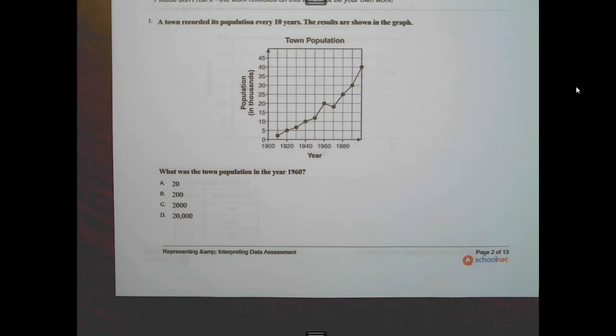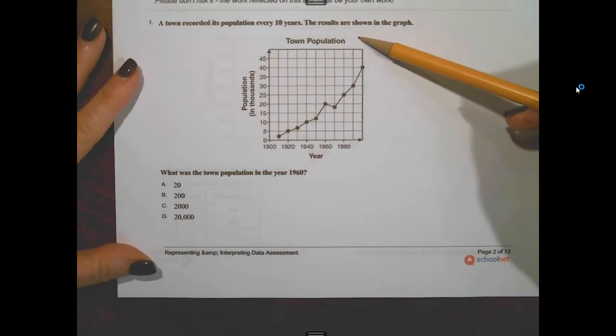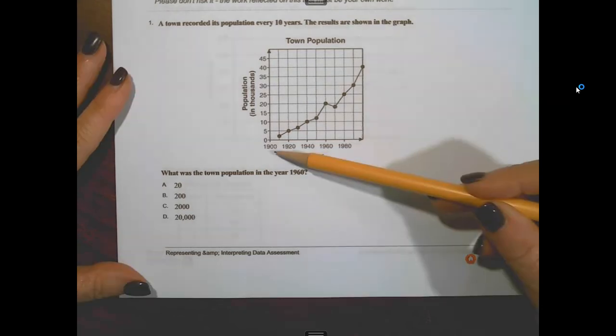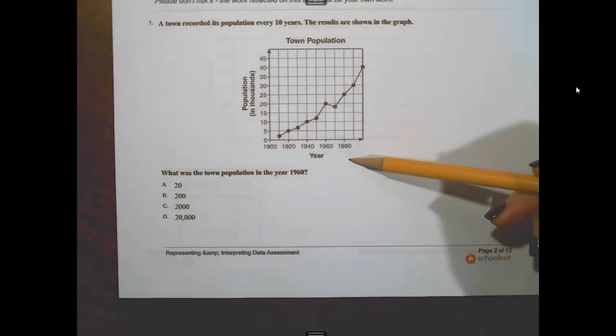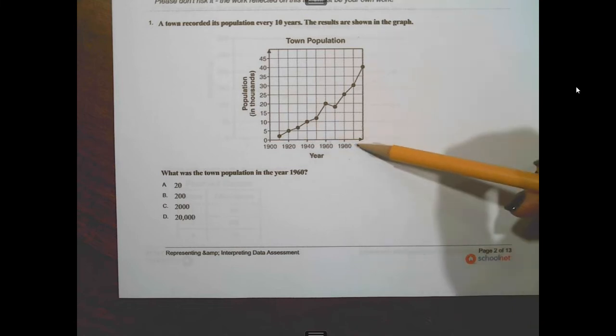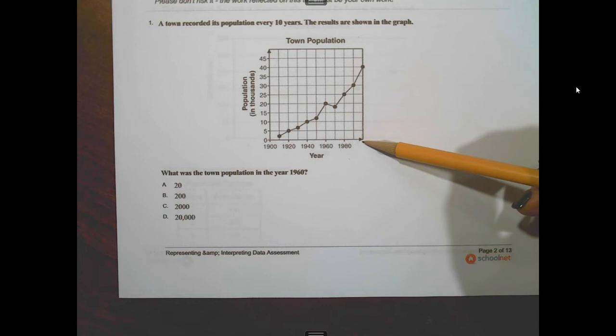All right, a town recorded its population every 10 years. The results are shown in the graph. So we always talk about before we go and start answering questions, we analyze what's on the actual graph. So the title is Town Population. Along the x-axis, we see the years from 1900 to 1980, 1990, all the way over to 2000.